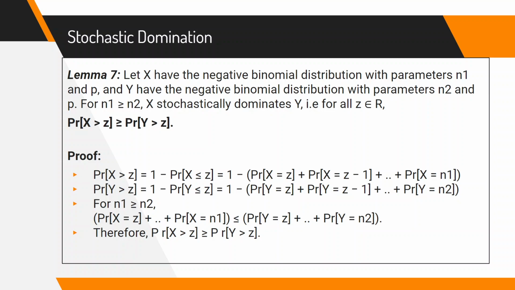Similarly for probability of Y. Now, taking into consideration that n1 is greater than n2, we can infer the probability of X equal to z till X equal to n1 is less than or equal to probability of Y equal to z till Y equal to n2. And therefore, we can prove that probability of X greater than z is greater than or equal to probability of Y greater than z.